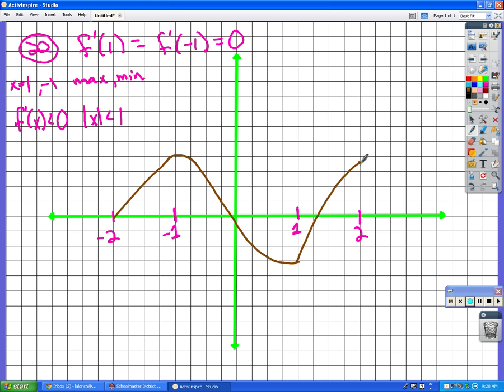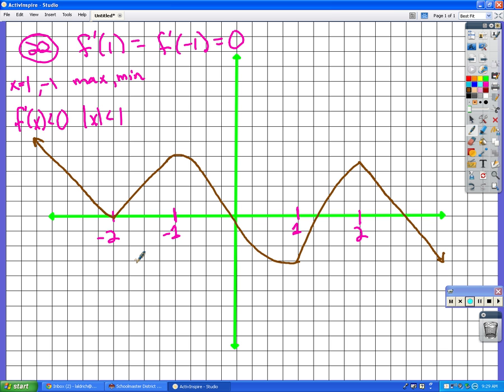So this becomes a straight line with the slope of negative 1. And over here, it's also going to be a straight line with a constant slope of negative 1. Derivative equals negative 1 means the slope is negative 1.